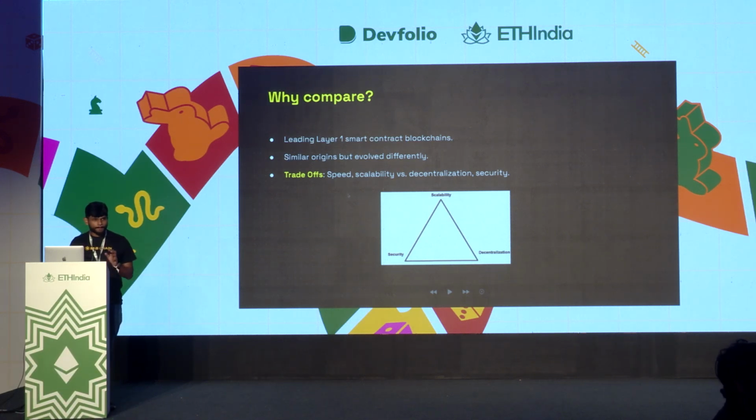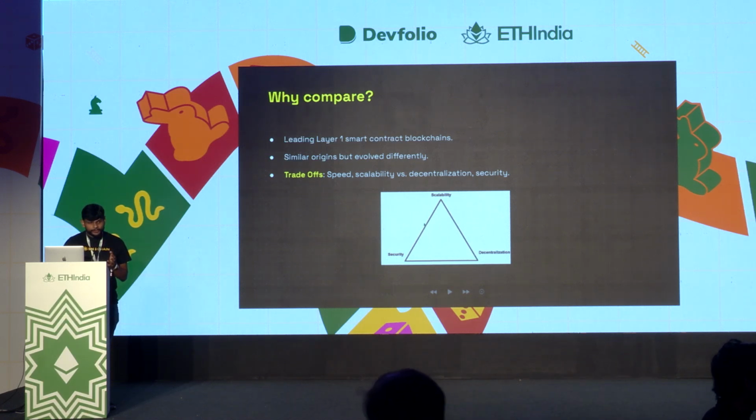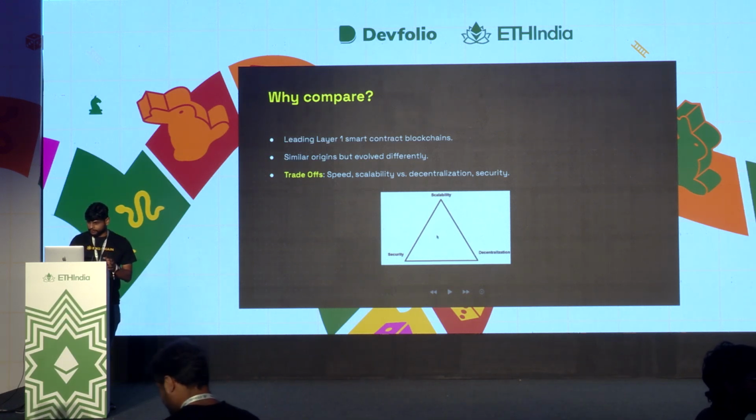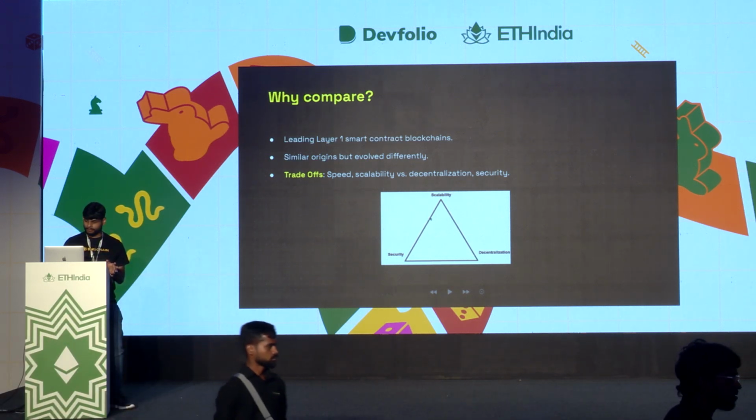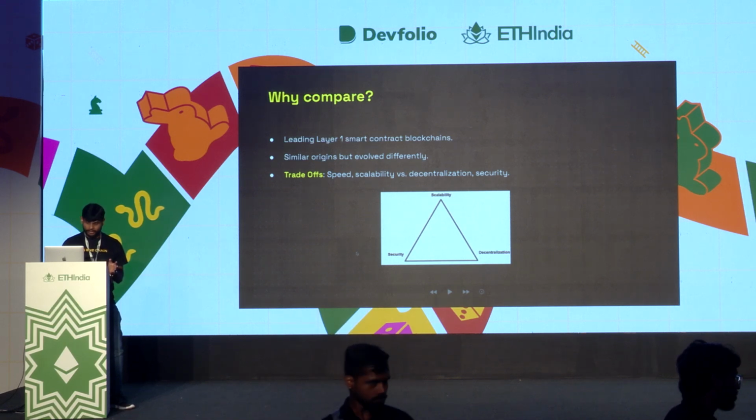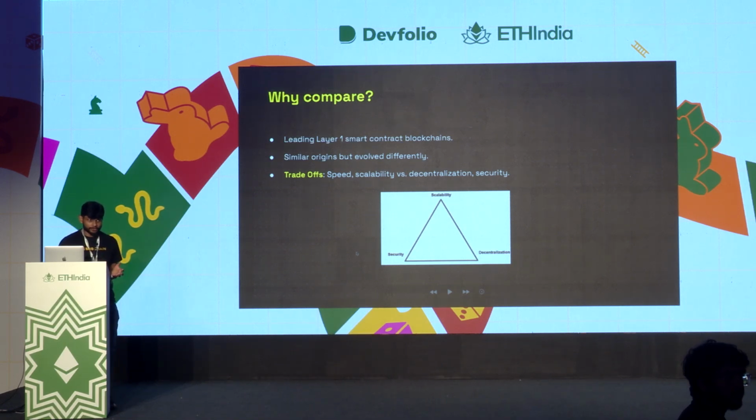Whenever you are comparing any two technological solutions, you should always think of trade-offs. In this case, the trade-offs can be thought of in terms of the blockchain trilemma, which is essentially a triangle where the vertices are security, scalability, and decentralization. If you go for one of them, you may have to make trade-offs on the others.